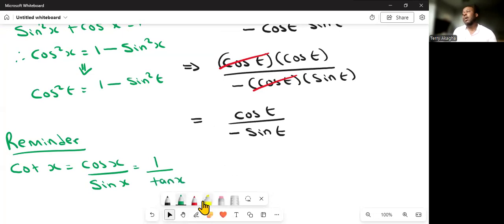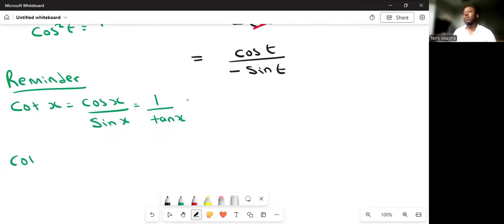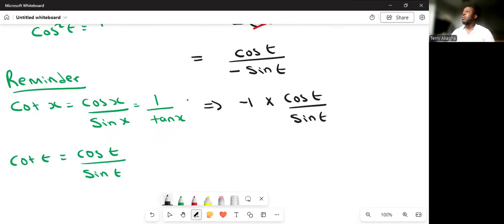So if I want to apply this here as well, I can say that cot t should be the same thing as cos t all over what? Sine t, all right? So if we bring it here, we can now say this is the same thing as minus 1 times cos t over sine t. Then we now know cos t over sine t is equal to cot. So that will be equal to minus 1 times cot t. And then the answer is going to be equal to minus cot t.